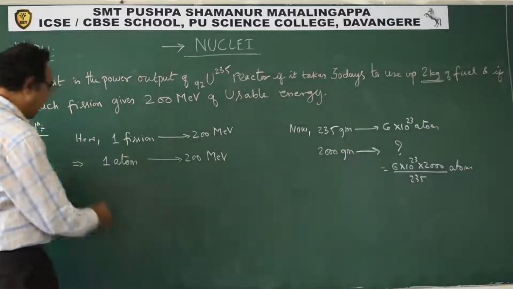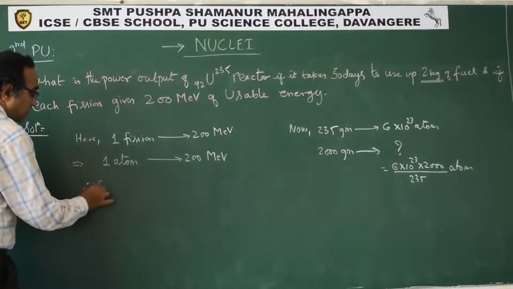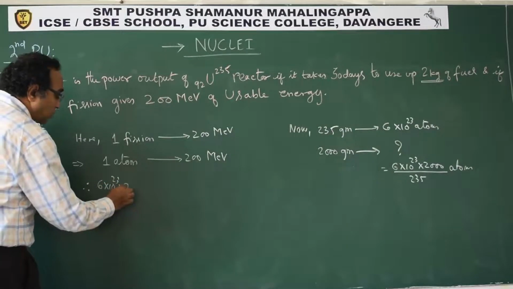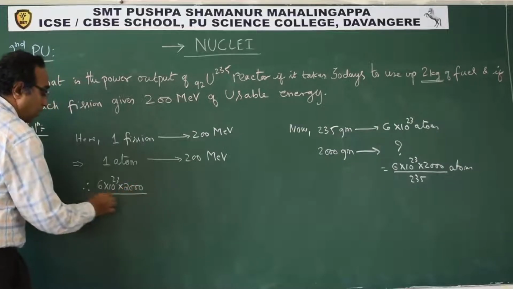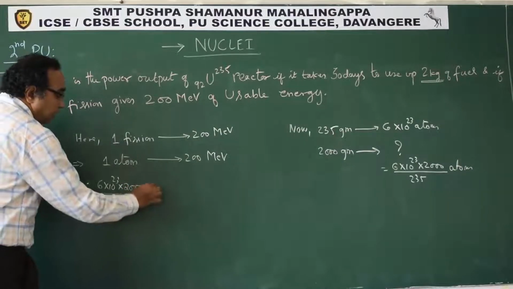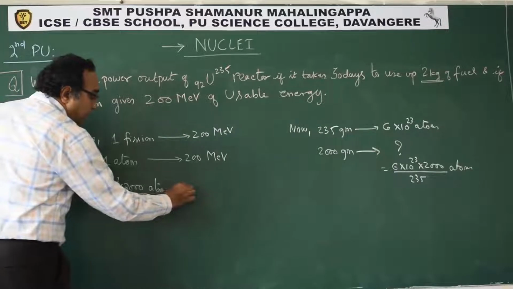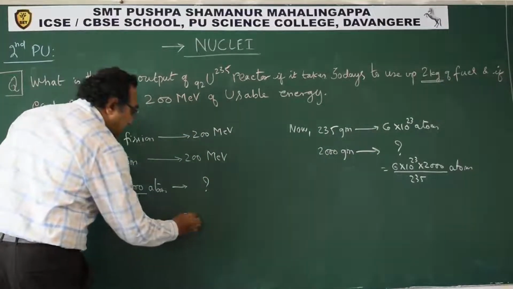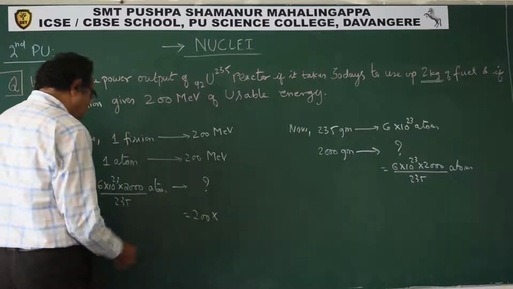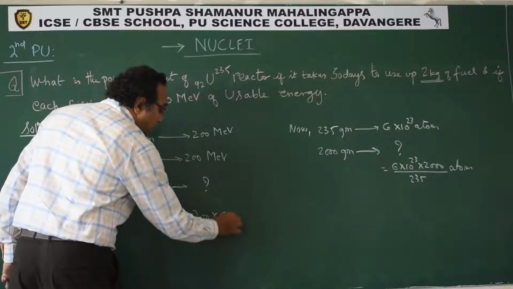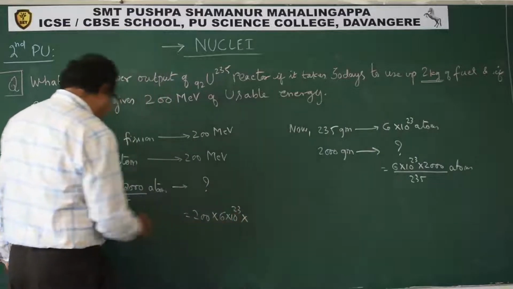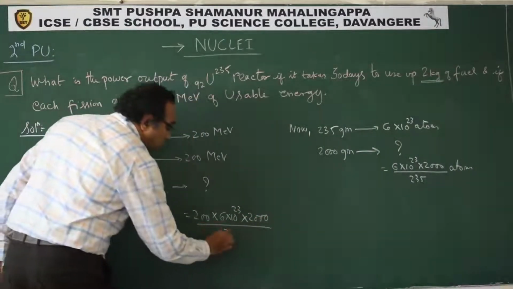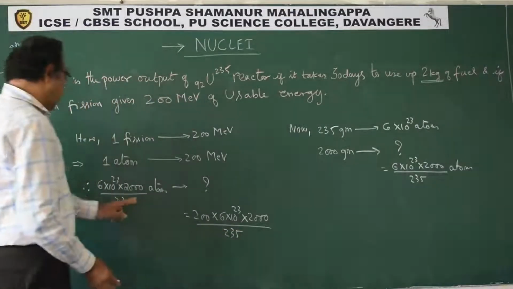So therefore 6 into 10 power 23 into 2000 upon 235, this many atoms will release what amount of energy? That can be said as 200 into 6 into 10 power 23 into 2000 upon 235. This is what we get.